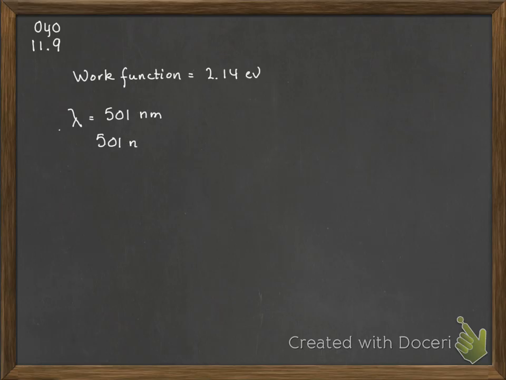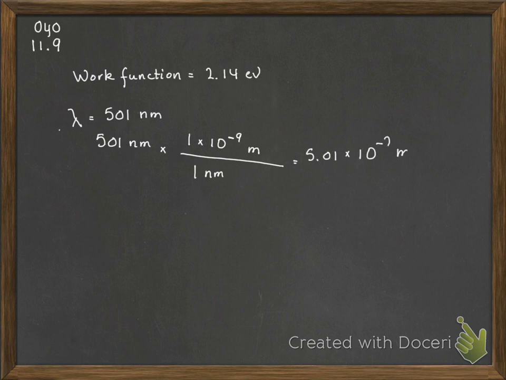So 501 nanometers, and remember, 1 nanometer is the same thing as 1 times 10 to the negative 9th meters. So remember, the rule is that you move the decimal 2 places to the left, which raises the power by 2.